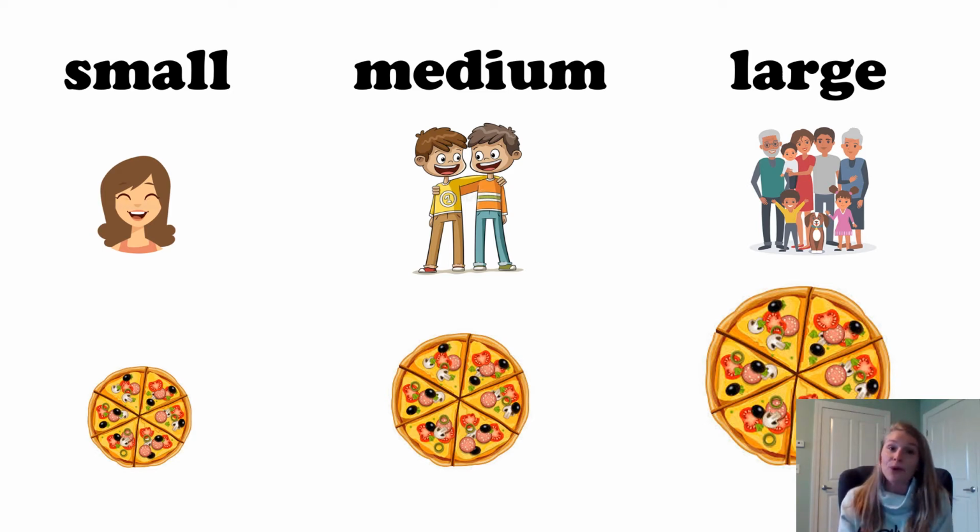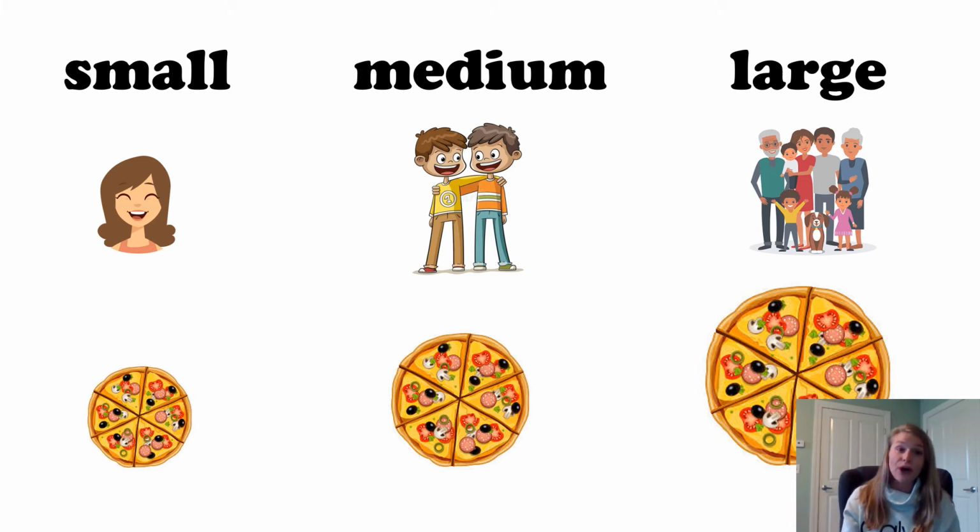Now, if I want to order pizza for me and a friend, a good size would be a medium pizza. You try that. Nice. But say I need to order for my whole family. I should probably order a large pizza. Say that.